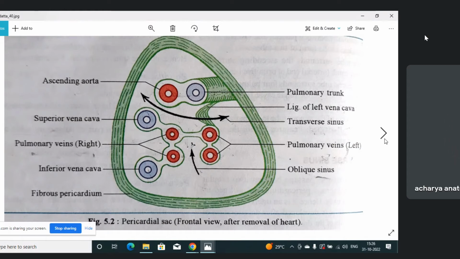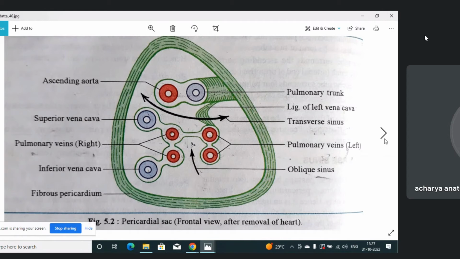Number one, transverse sinus, and number two, oblique sinus. These two sinuses are tube-like structures.